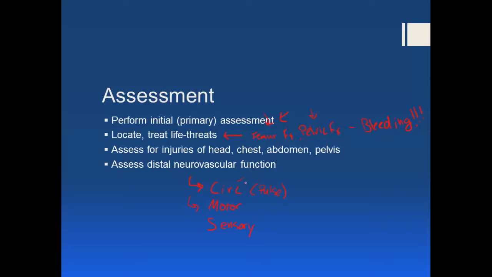Circulation you can check by looking at cap refill or pulses, or both actually is best. Check motor. Ask them to wiggle their fingers, wiggle their toes, move their hands up and down, and move their feet forward and back. And then sensory.